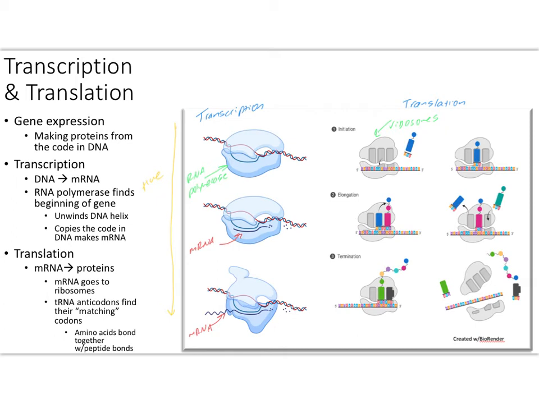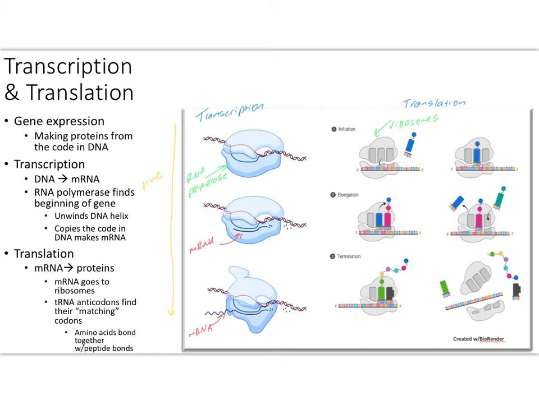As the tRNAs find matches between their anticodon and the mRNA codon, then the amino acids that the tRNAs are carrying begin to join together. So this process is called elongation. And what's happening here is that the beginning stages of a protein are forming.